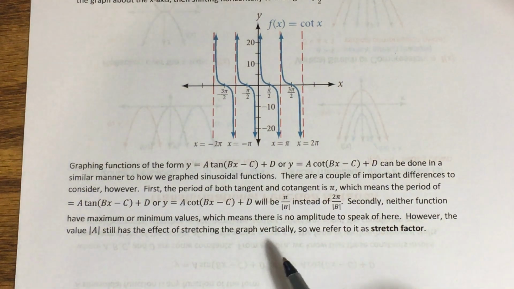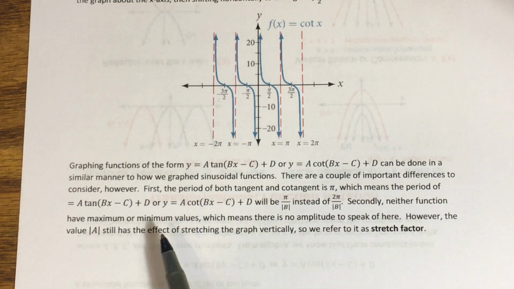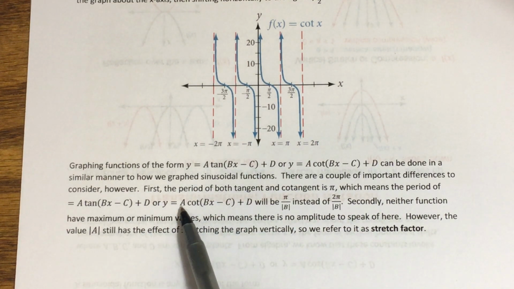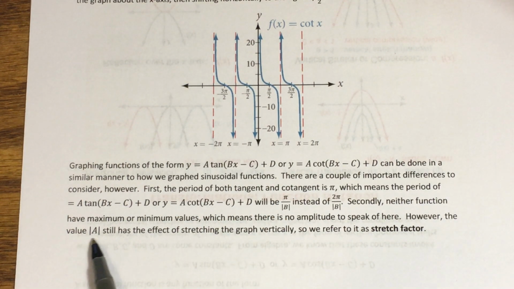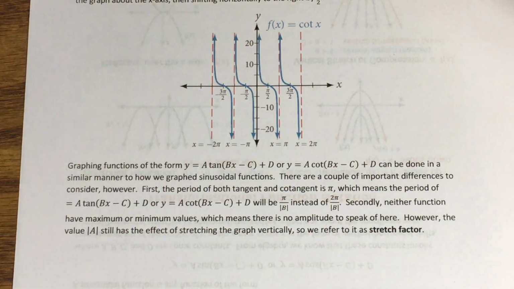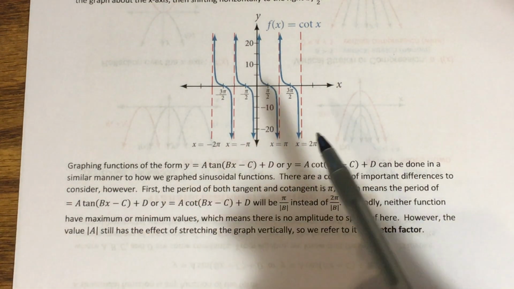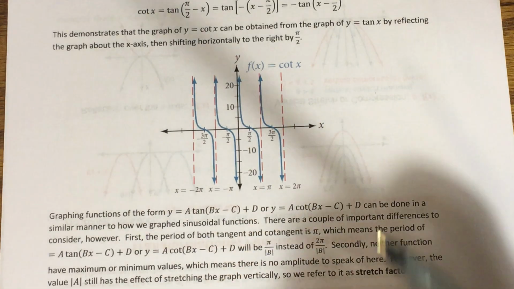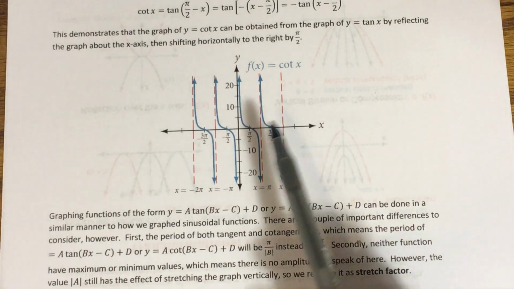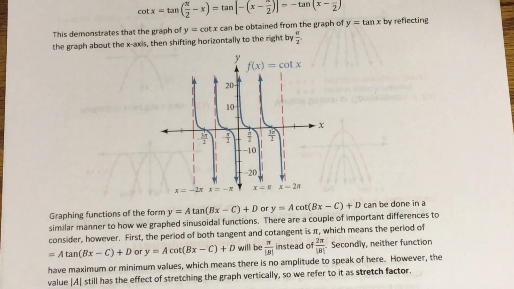Last thing that I wanted to mention before we do some examples, taking a look at a. In a sinusoidal function, a, or more specifically the absolute value of a, gave us our amplitude for those functions. Now there is no amplitude for these functions, because remember, the amplitude is the distance between the midline and either a maximum or minimum value. But as we just said, the tangent and cotangent functions don't have maximum or minimum values, so there is no distance that we could call an amplitude for these functions.